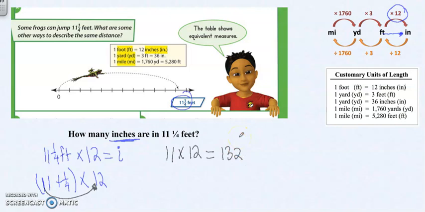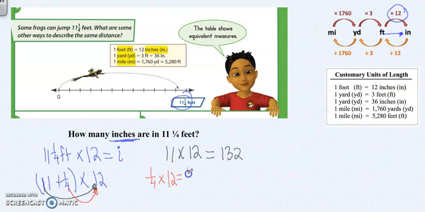Now I'm going to do the second part of my problem, which is 1/4 times 12.